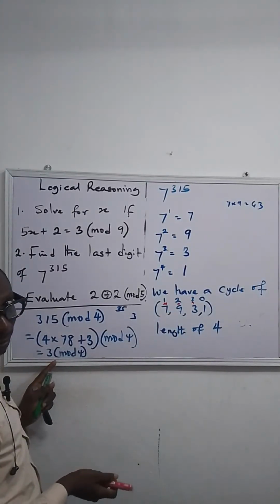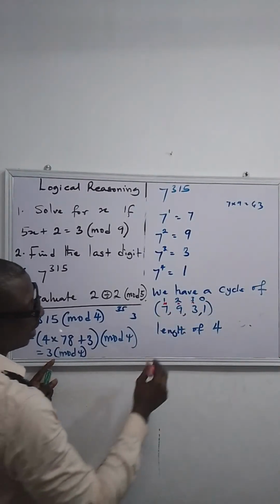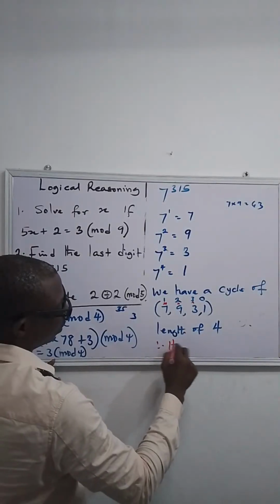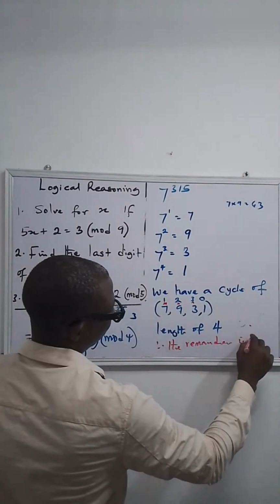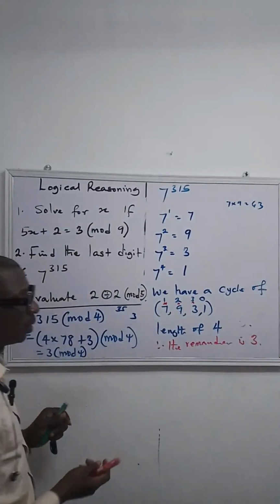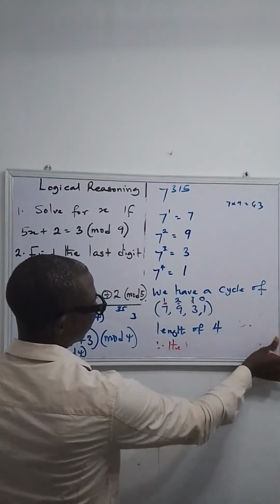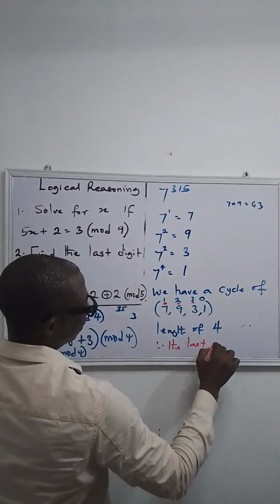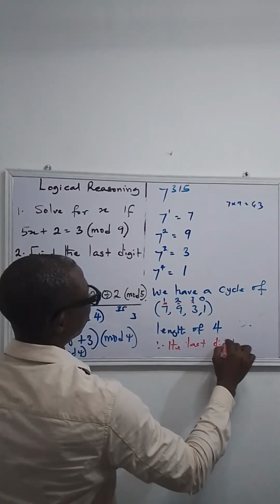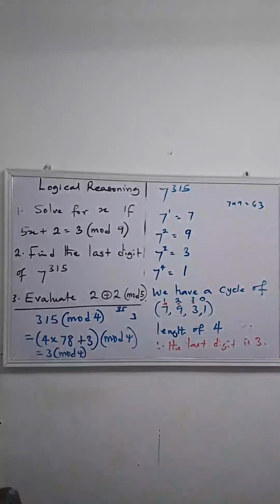Therefore, because 3 is against 3, the last digit is 3. All right, so that's the answer to that.